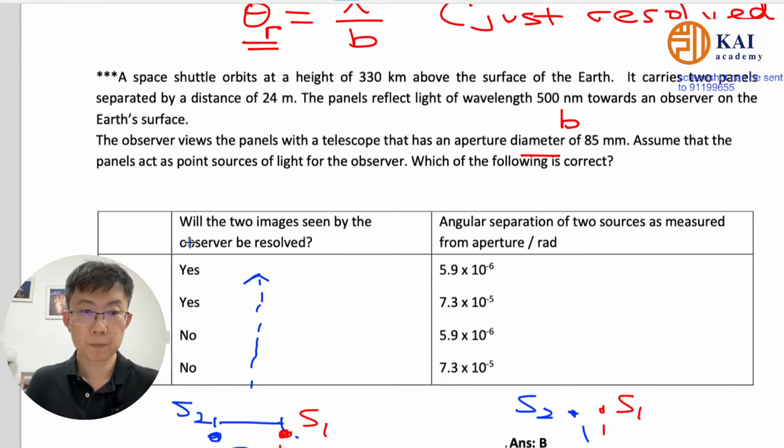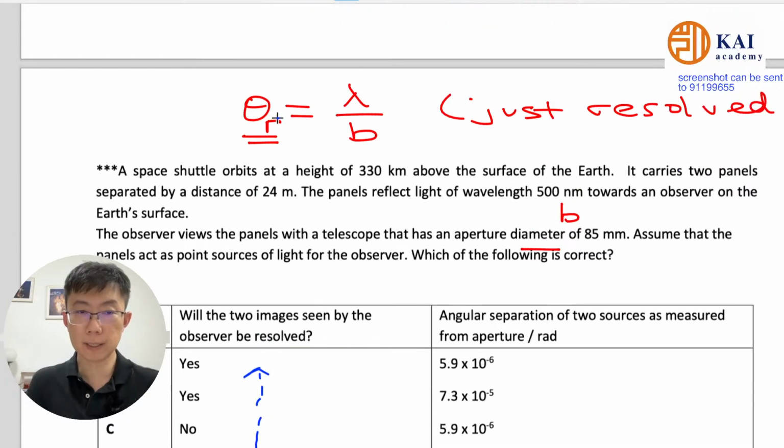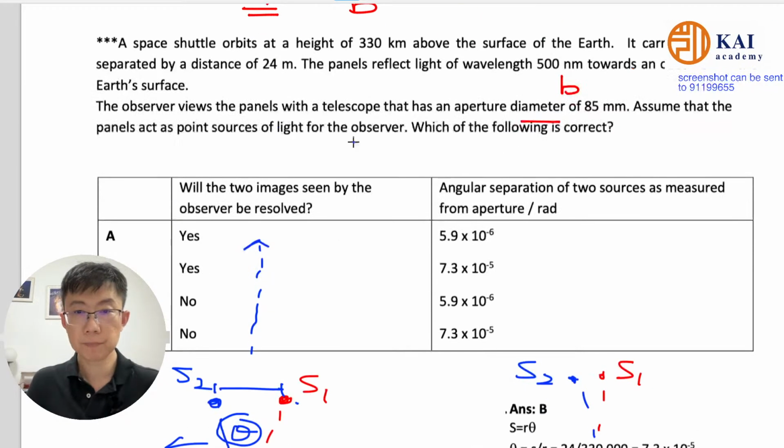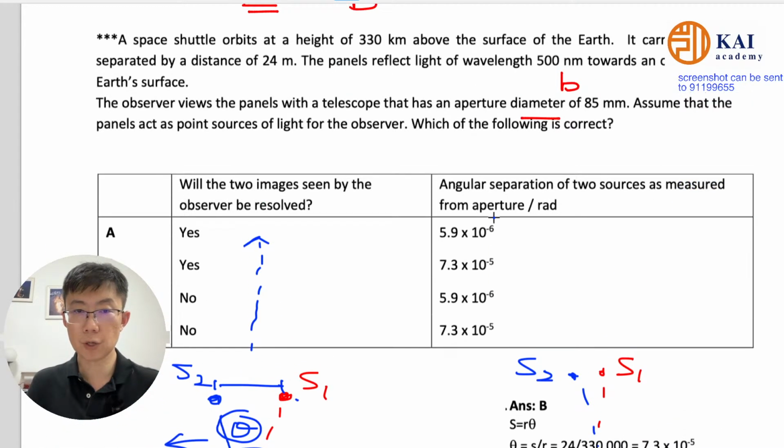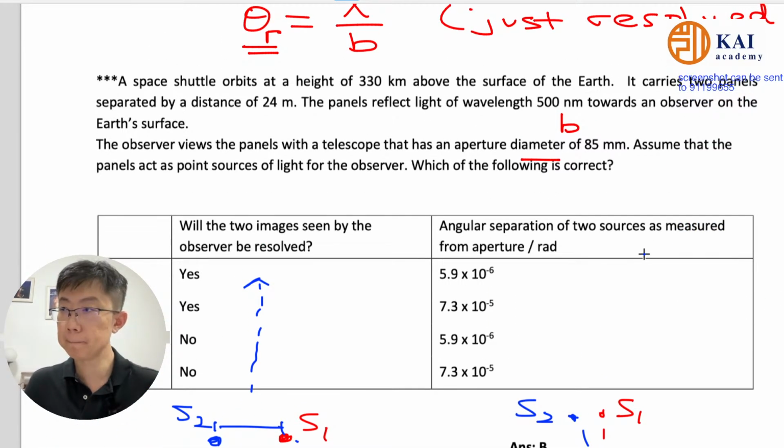To know whether it's resolved or not, I need to later check with Rayleigh's criterion. Can I find the angular separation as measured from the aperture? Yes. The way to do that is a bit of geometry, so I'll just draw it here. There are two panels.